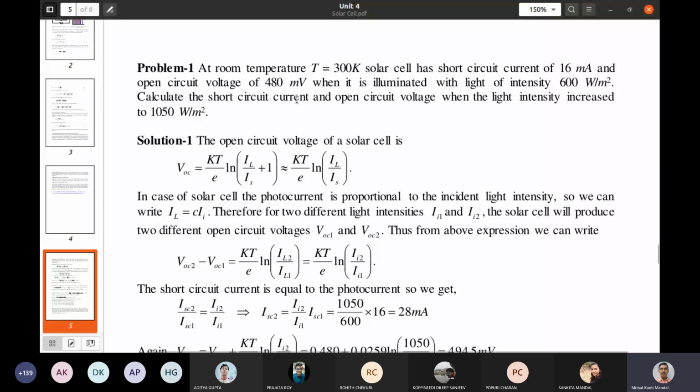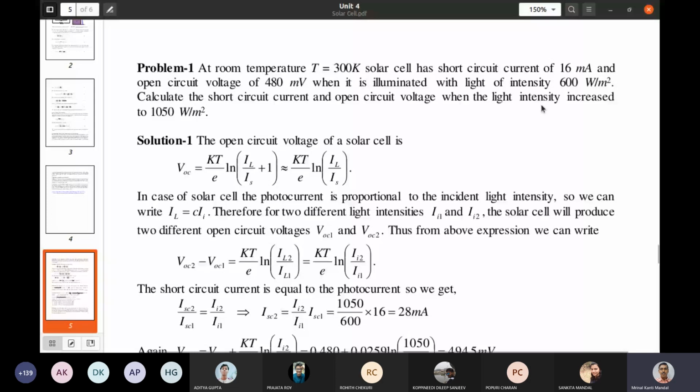This is when it is illuminated with light of intensity 600 watt per meter square. Calculate the short circuit current and open circuit voltage when the light intensity is increased to 1050 watt per meter square.